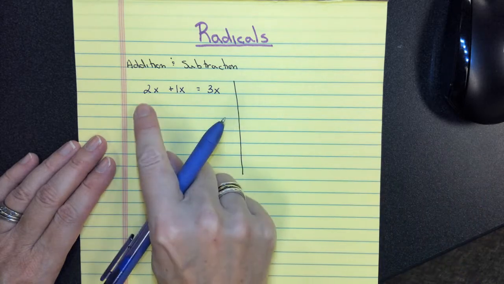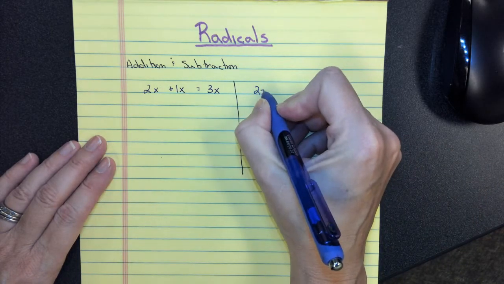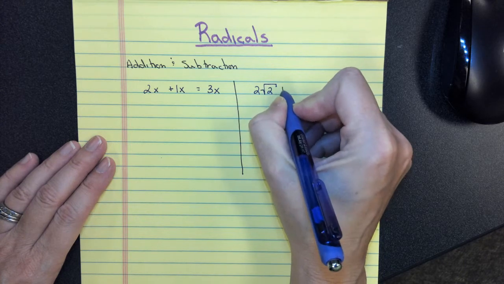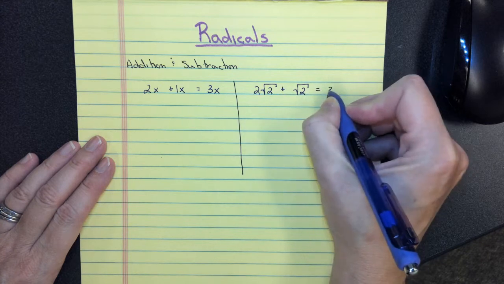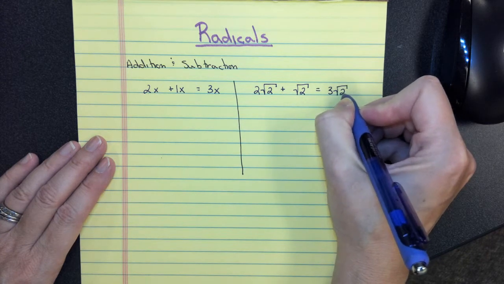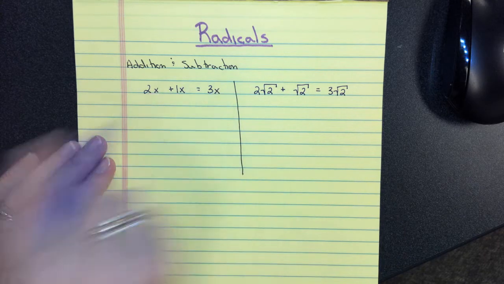All right. The equivalent here is if I have 2 square root of 2 plus square root of 2, this is equal to 3 square root of 2. I don't add what's inside. These are just like the x's we did over here.